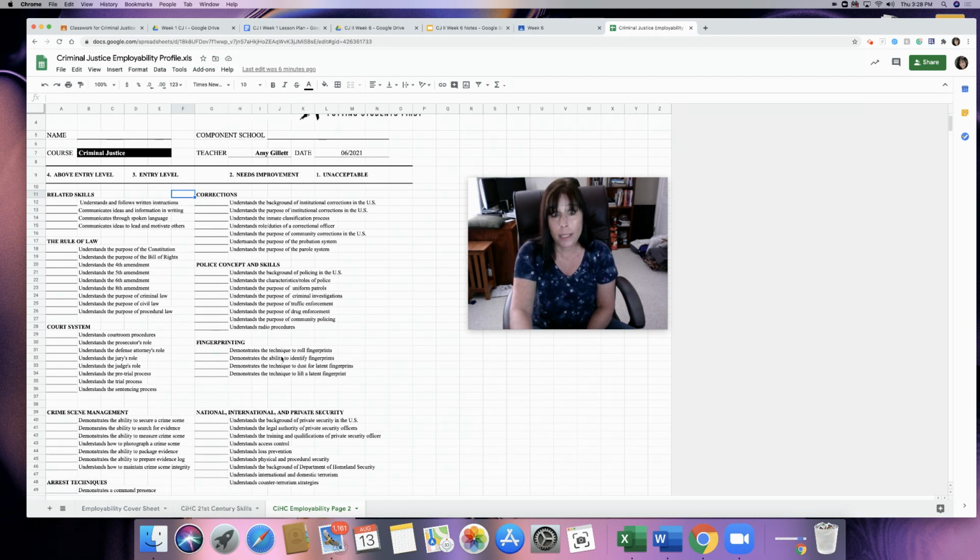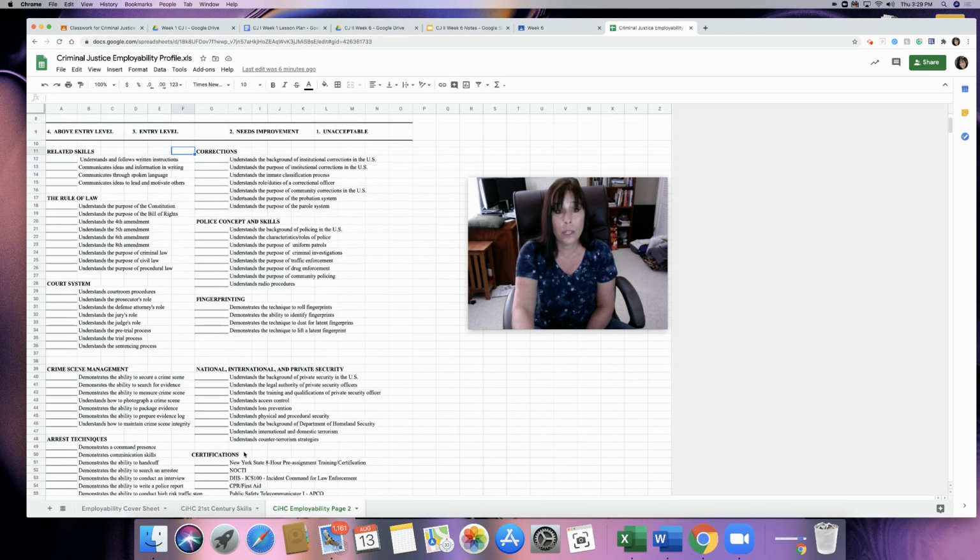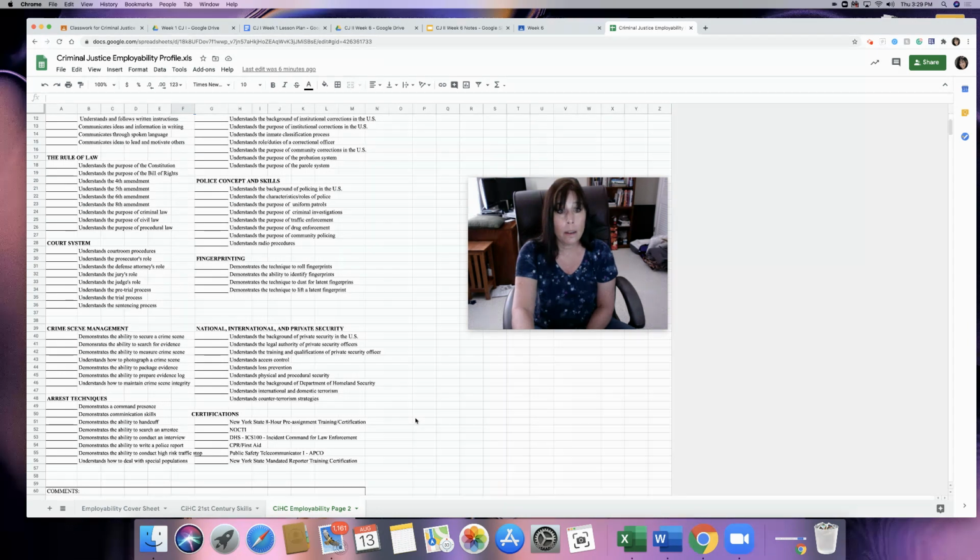Do you know the right technique to roll fingerprints? Ability to identify fingerprints, dust and lift fingerprints. And then we get to private security, which is our last unit each year. So again, you can just read through this. If there's something that you don't know what it means or what they're talking about, certainly ask me.